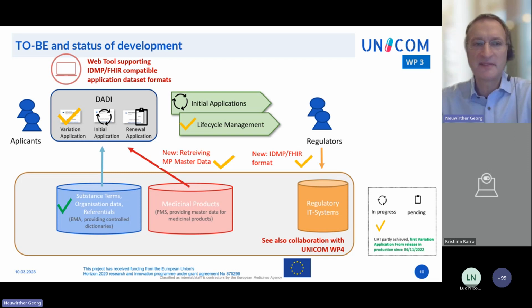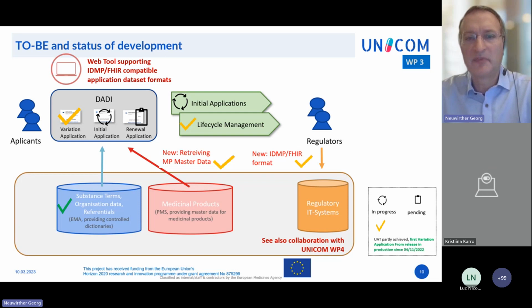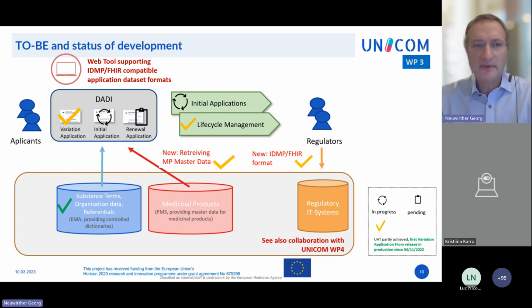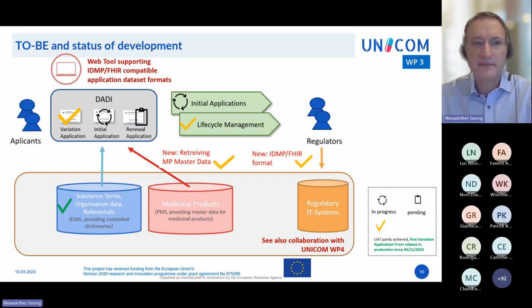For centralized products, we are waiting for the national products to open it up for MRP, TCP, and NAPs as well. The initial application forms are in analysis. So we have started to gather requirements, and the renewal application form is pending and on hold and will be the last in the chain.